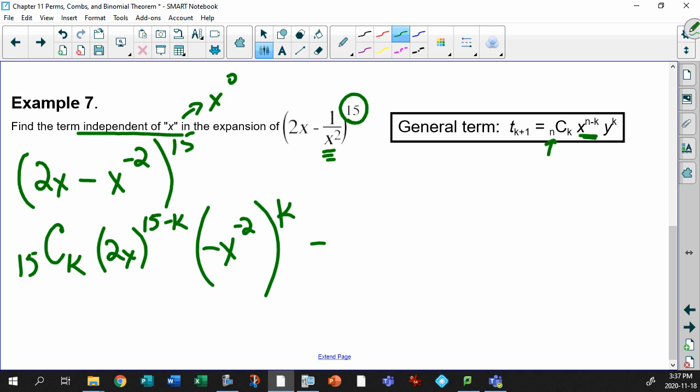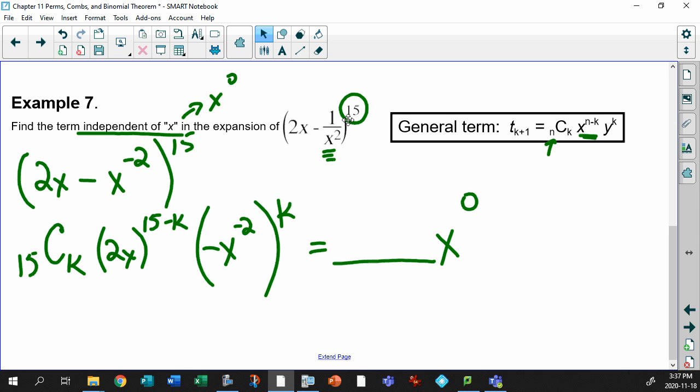And you know that this is going to be some term to the x to the power of 0. See, it doesn't always have to be x to the power of 0. What if they said we want the term x to the 1? We want the term x to the 2. All you have to do is change this to whatever you need it to be. 1, 2, 4, whatever. Okay? So in this case, of course, it's going to be to the power of 0.